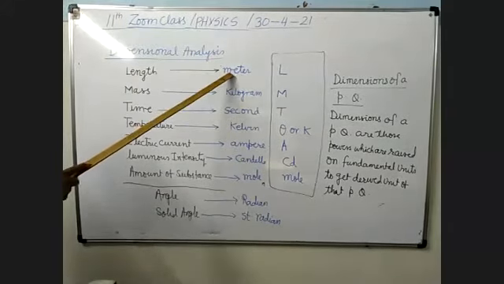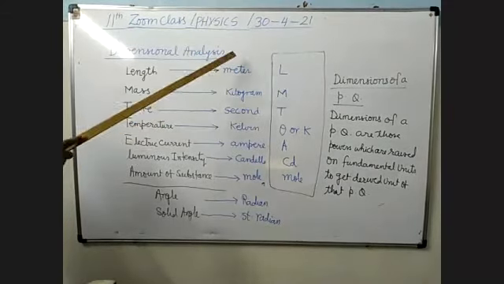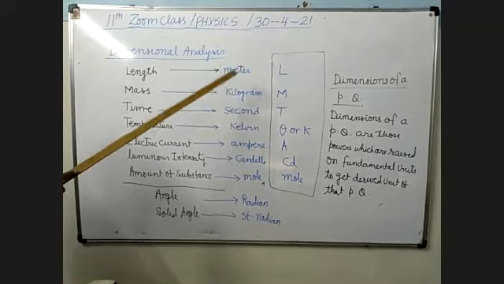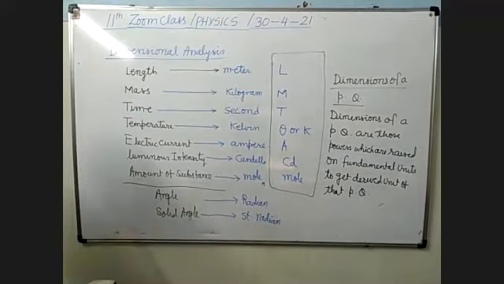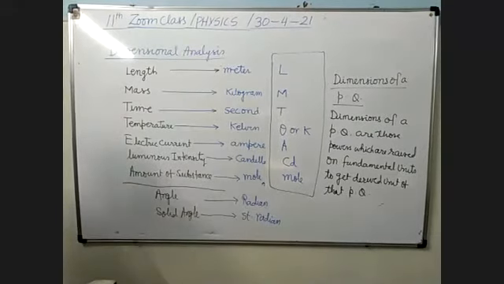But centimeter, millimeter, it is a fundamental unit, but it is not an SI unit. Similarly, gram, milligram, centigram, these are fundamental units, but not the SI unit. It's clear? Fundamental units means any unit of these quantities, whether it is in the SI system or the CGS system or the FPS system. It's clear? So now you can see here.